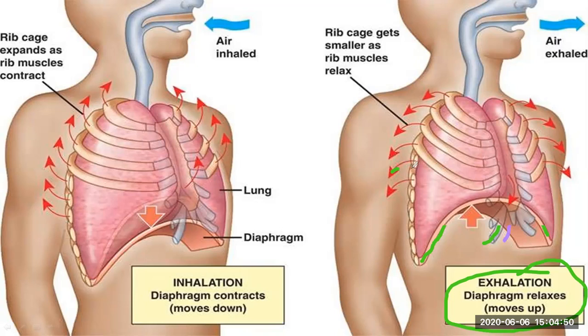The external intercostal muscles get relaxed, and when they relax, the volume of the thoracic cavity decreases. When the thoracic cavity volume decreases, the pressure in the alveoli increases, and the air is pushed, or expelled, outside the body.